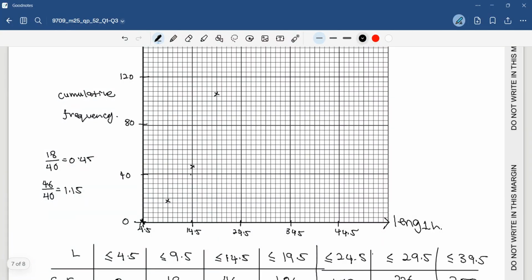My graph might not look very nice because I'm using the tablet. It's not feasible for me to draw a nice curve.